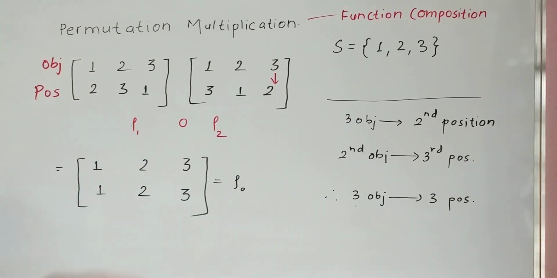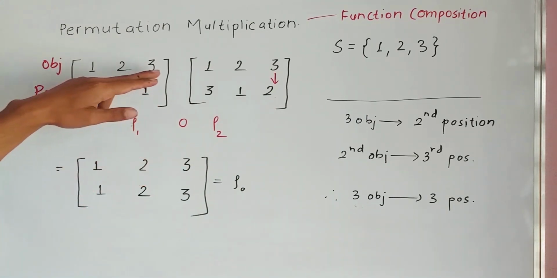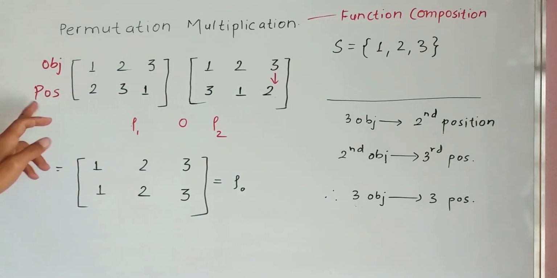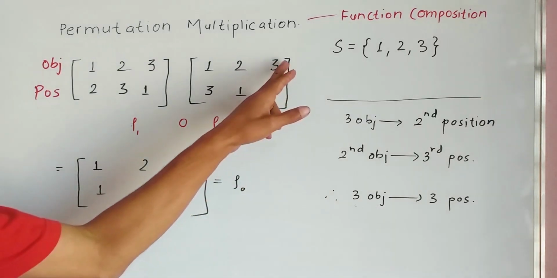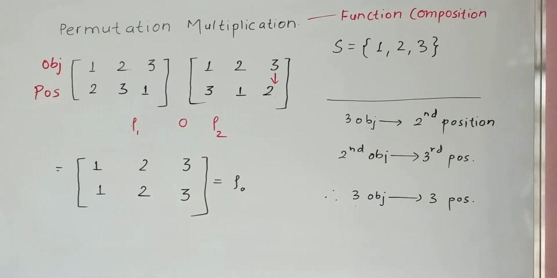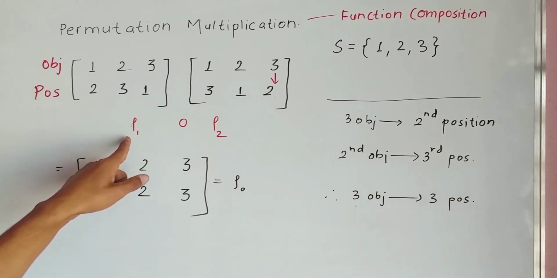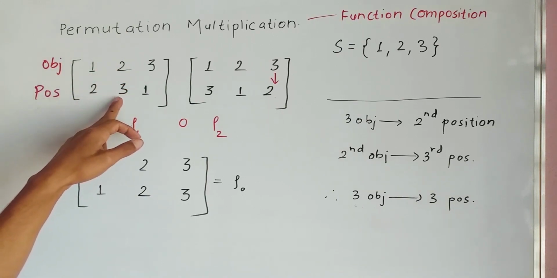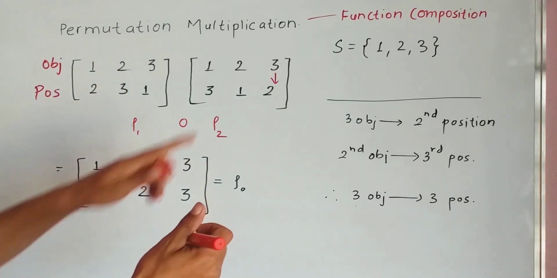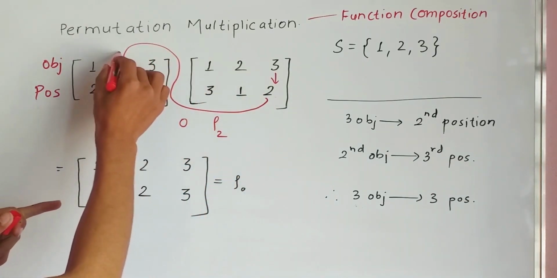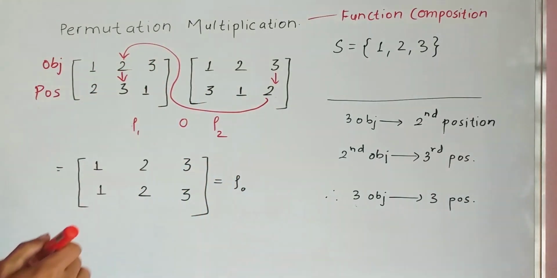We have from our earlier definition, first row is the row of objects and second row is the row of positions. Therefore, rho 2 takes third object to second position and rho 1 takes the object at second position to the third position. That is, third object to second position and the second object to the third position.